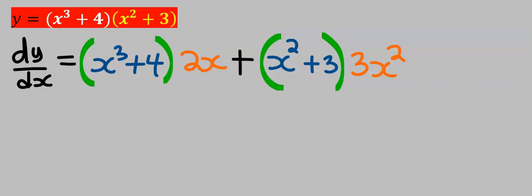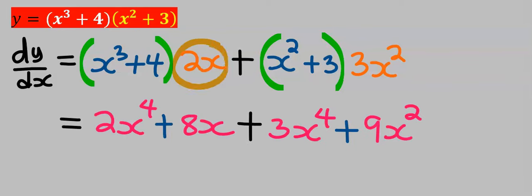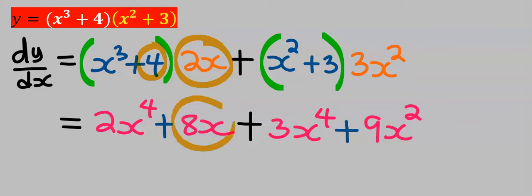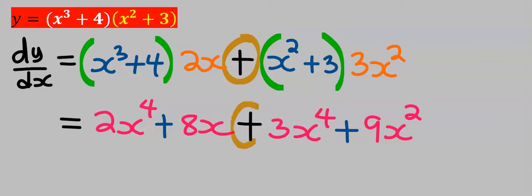Next, expand the bracket. That is 2x multiplied by x to the power of 3. You are going to get 2x to the power of 4. Next, 2x multiplied by 4. You are going to get 8x. Next, remember the plus.